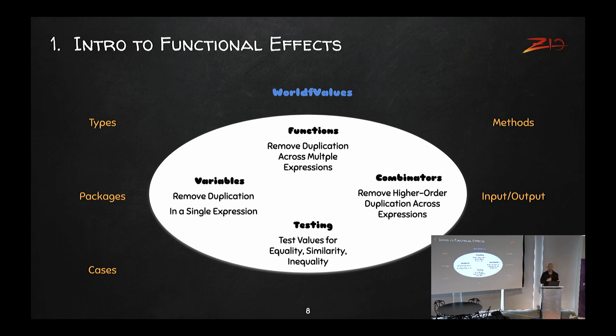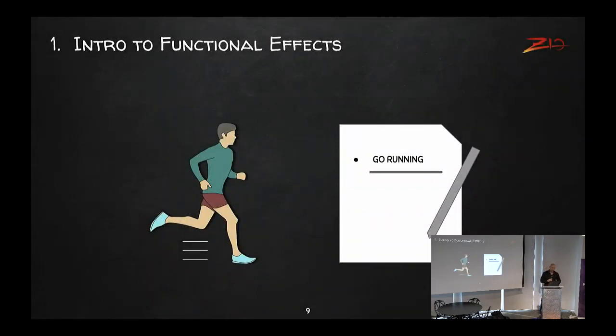And as first-class values, you can take these things, you can pass them around. You can store them in data structures. You can accept and return them. You can define combinators on them that are capable of adding functionality to these values. In the case of effects, every effect can be thought of as doing something.